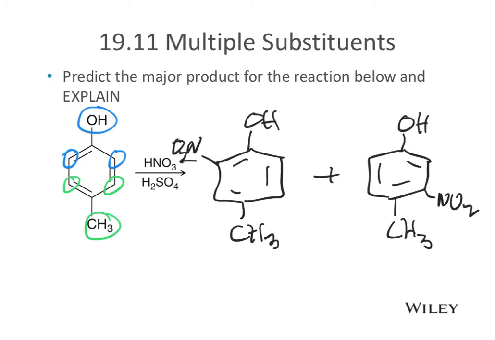And so one of these is going to be the major product, one of them is going to be the minor product. And so which effect is going to win out here?